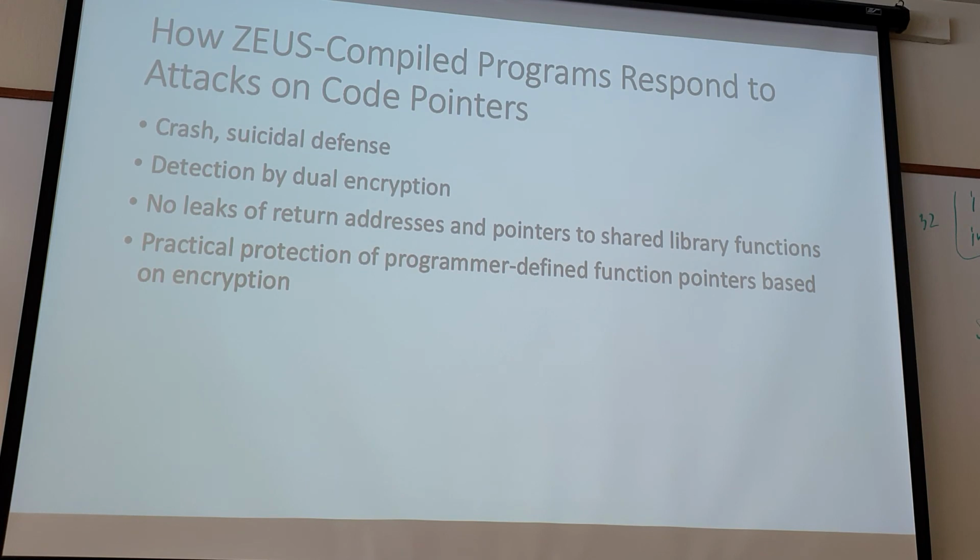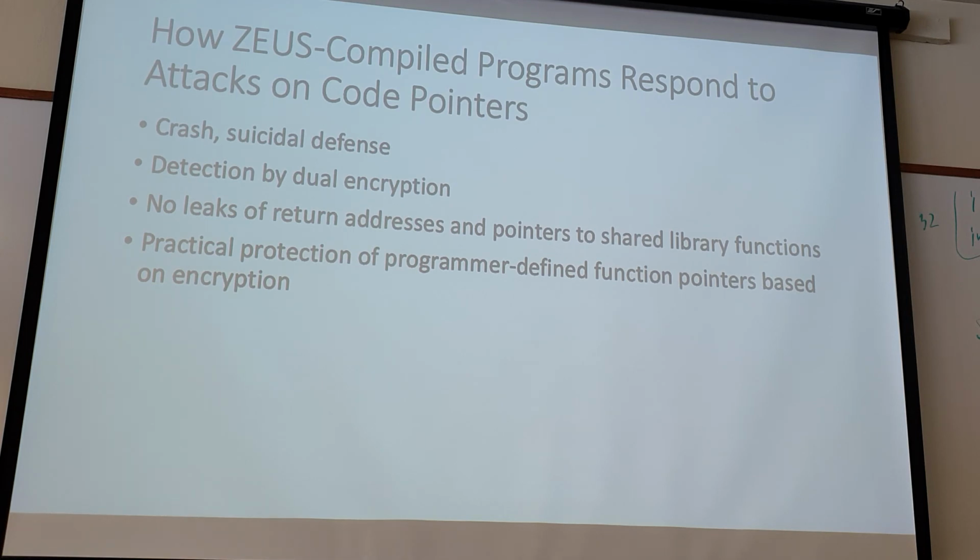Overwriting code pointers without using the correct encryption keys would end in a crash, because decryption would make the overwritten address an illegal pointer value. Zeus can also make the program detect attacks and invoke exception handlers.